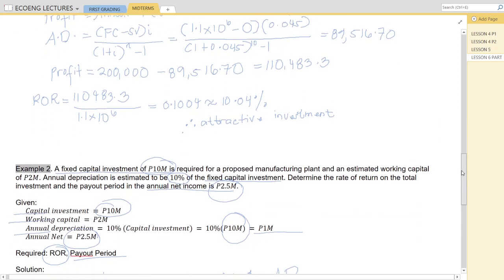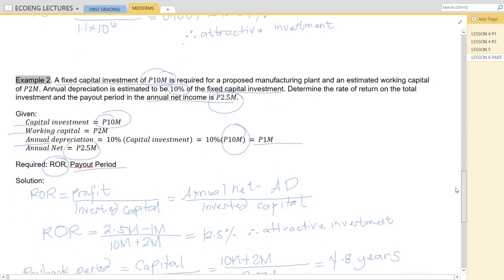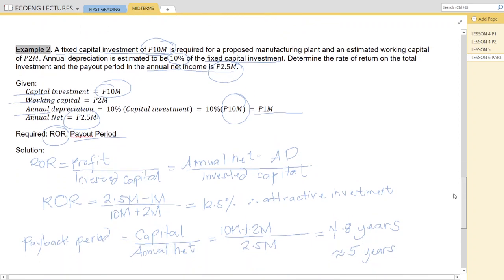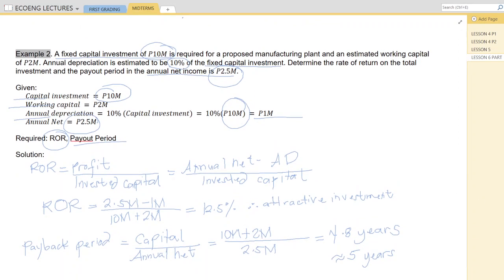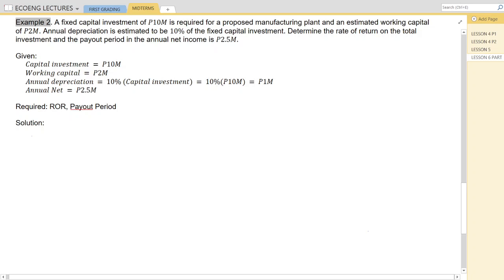Okay, so for number two, given a fixed capital investment of 10 million required for a proposed manufacturing plant, and an estimated working capital of 2 million pesos.